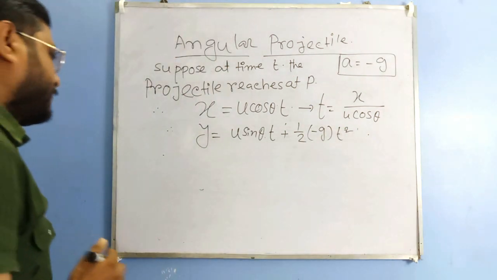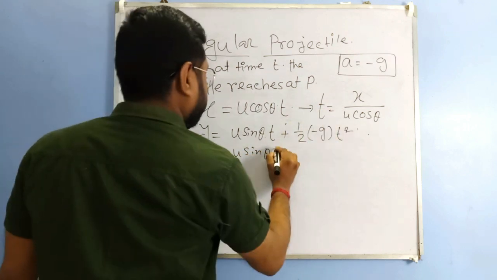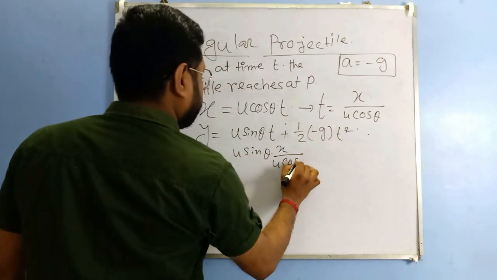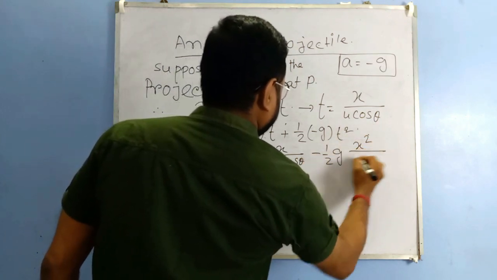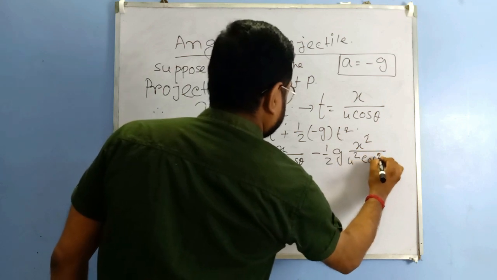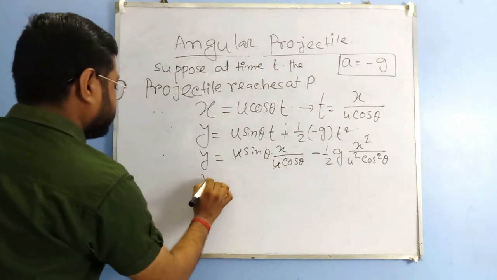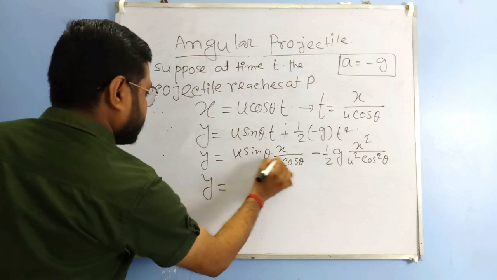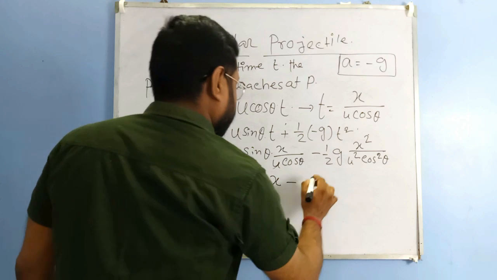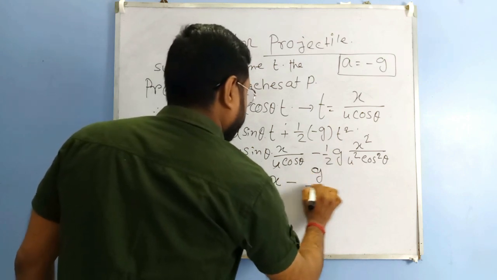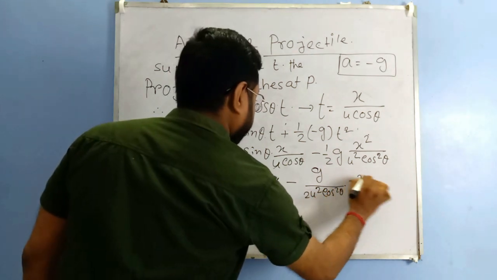Put the value of t, x by u cos theta, minus half g into x square by u square cos square theta. u will be cancelled out, then y equal to sin theta by cos theta, that is tan theta, multiplied by x minus g by twice u square cos square theta into x square.